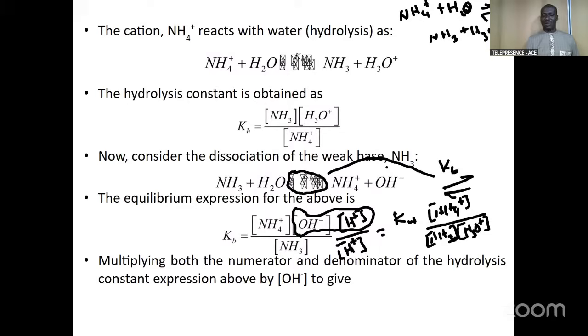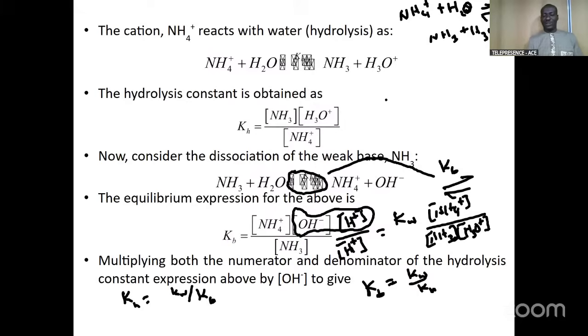Now take a look at this. What we have here is just the inverse of what we have here. And so that means that Kb will simply be equal to Kw over Kh, or you can also write Kh is equal to Kw over Kb.